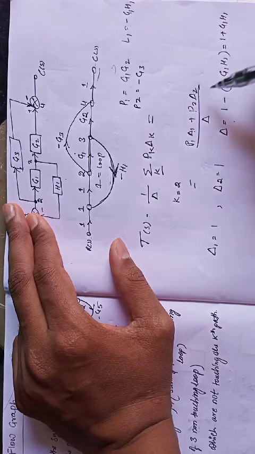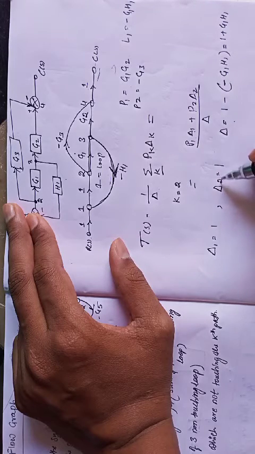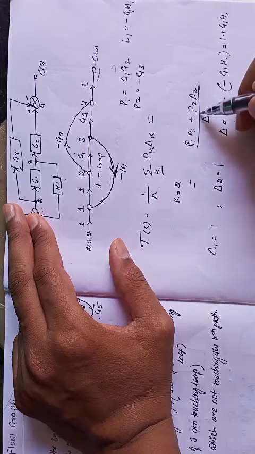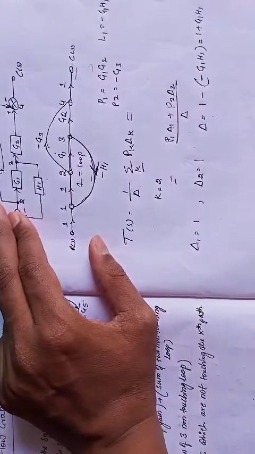Now substitute the P1 value, the delta 1 and delta 2 values, and the delta value in this, and you will get the transfer function.